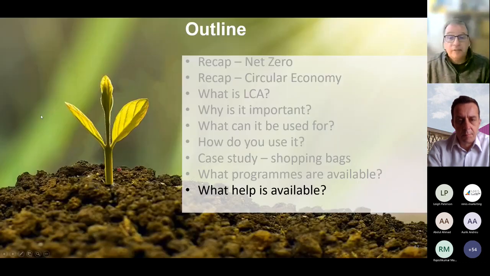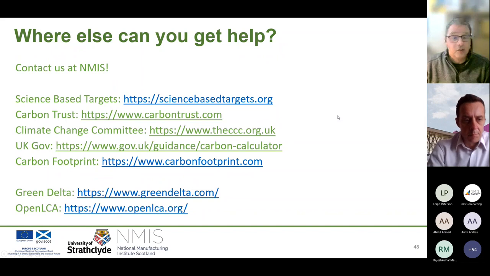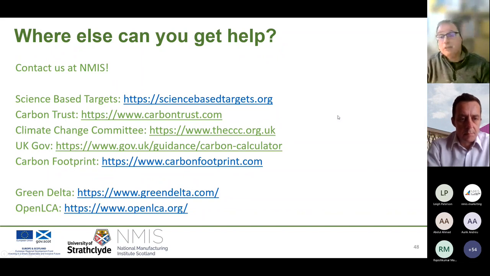So really, what help is available? I've just put down we've got NMIS, of course. As we mentioned earlier, Gregor has explained there's a lot of resources available in NMIS, but there are other organizations as well. We have Zero Waste Scotland, and then organizations like the Science Based Targets, which try to put a bit more structure and, I guess, confidence to some of the calculations.